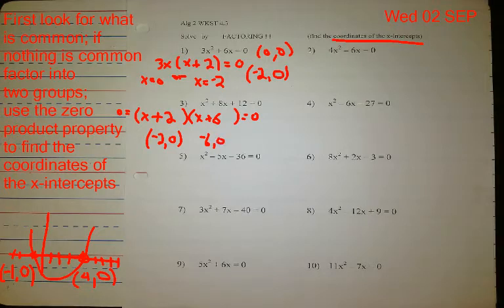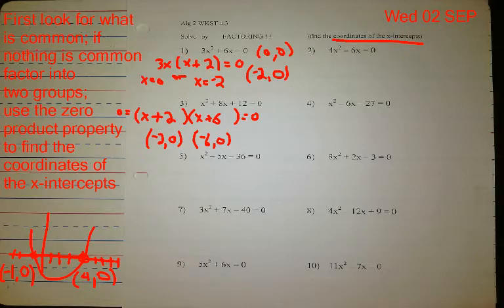So see, what we're doing is we're trying to find the place where this parabola crosses the x-axis. This is just an example. This one crosses at negative 2 over here and negative 6 way over here, right?